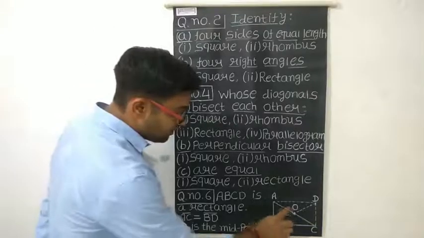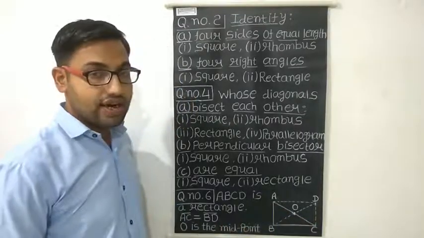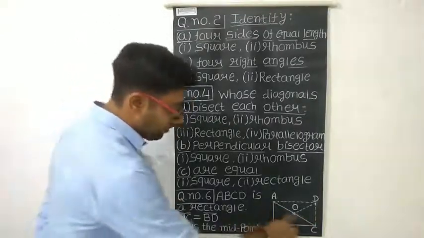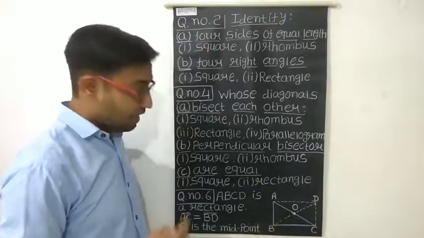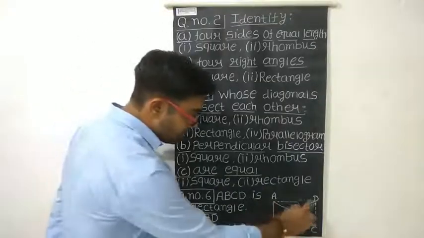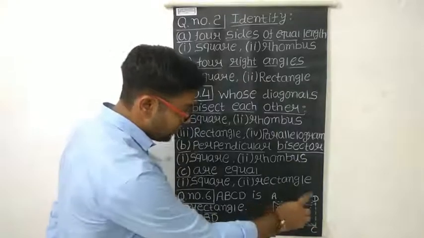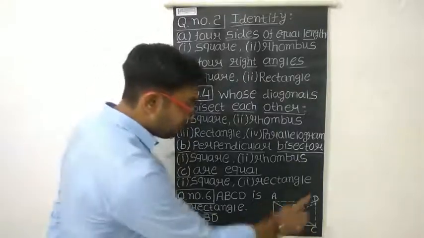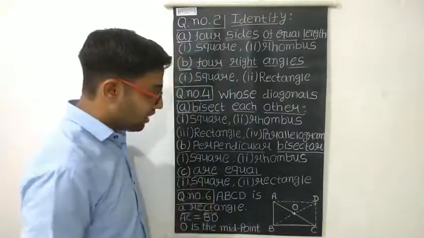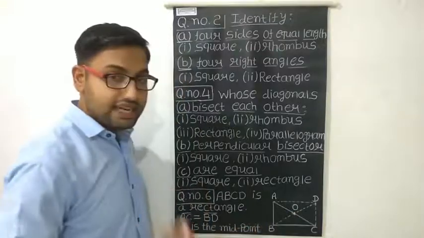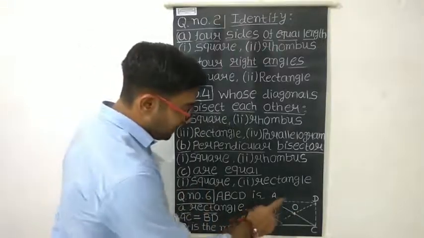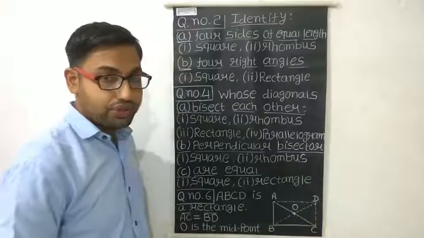And O is the midpoint of this hypotenuse AC. Now here the dotted lines are drawn, A to D, D to C and B to D. So we have asked why this O is equidistant from A, D, C and B, all the 4 points.